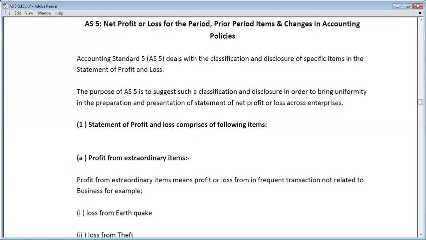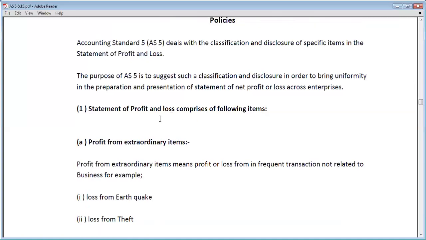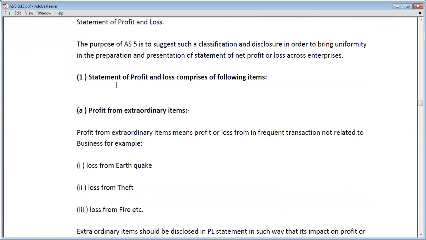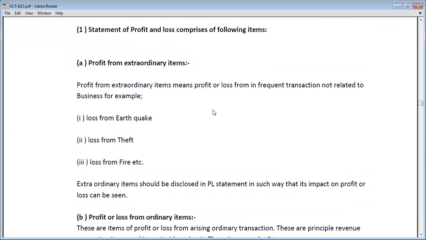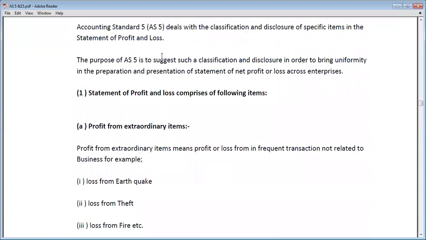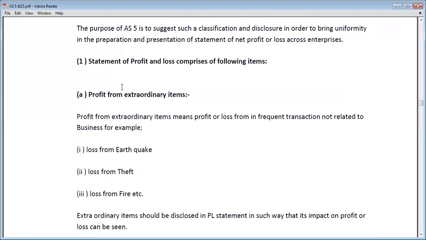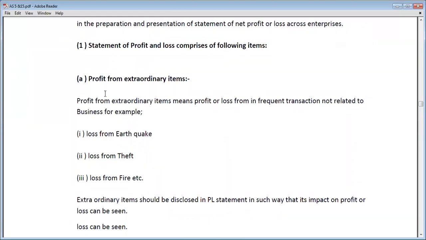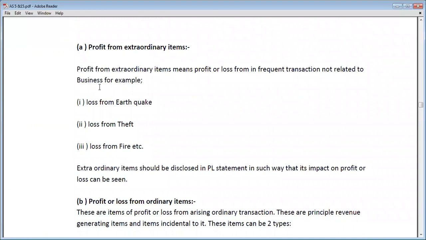Now see, statement of P&L comprises the following items: profit from extraordinary items. AS5 gives some classification criteria. So AS5 says you should divide your expenditure into extraordinary items and ordinary items. So the first item is profit from extraordinary items.